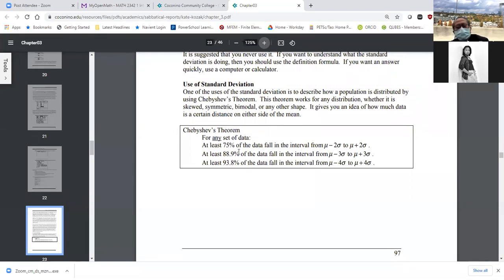So for example, at least 75%, so you have to use this formula.